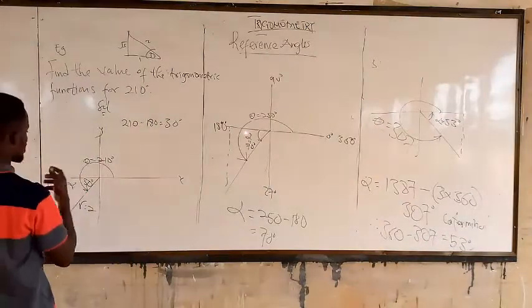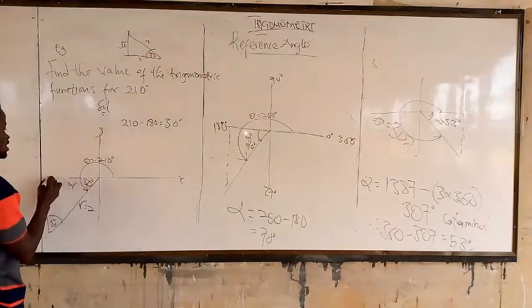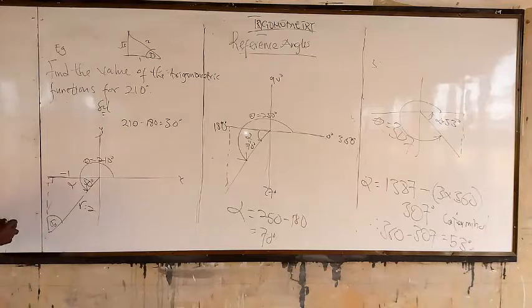So now instead of the 1 representing x, it's now going to be negative 1, because the x values here are negative. And the y will also be negative because we are in the third quadrant.